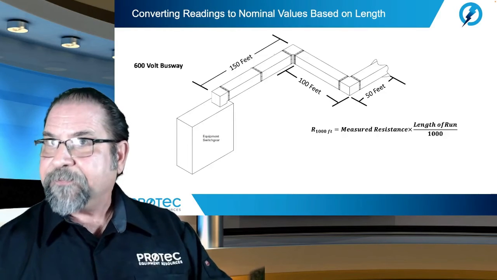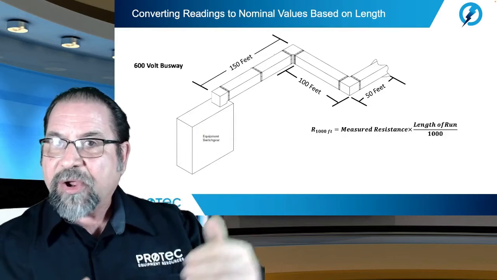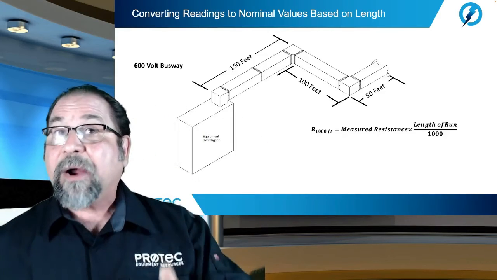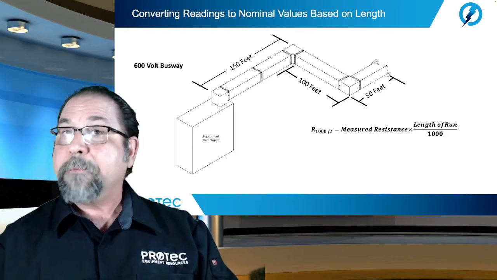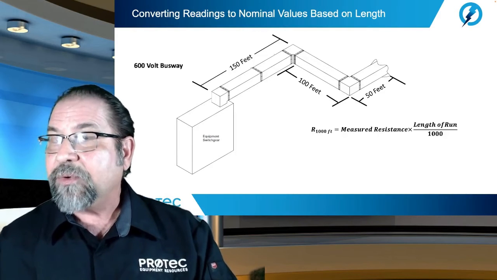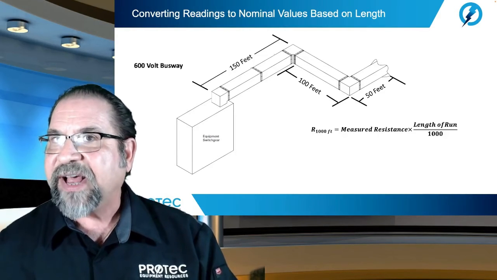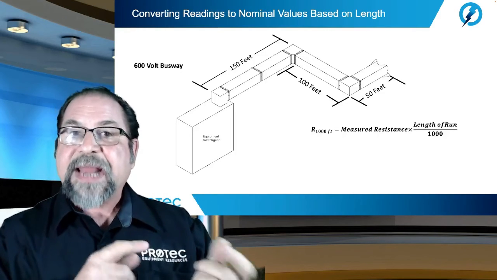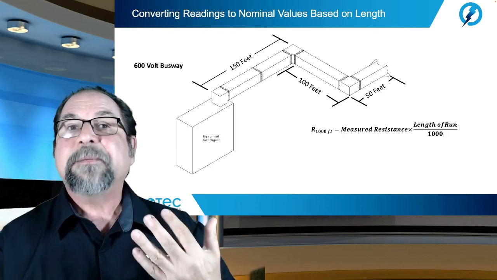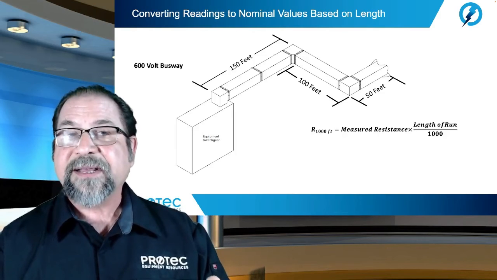Now remember, as length gets longer, we're adding parallel resistances. Therefore, we need to correct our measured megohm value, or measured insulation resistance value, to a nominal length. Now, in the NETA table, it is based on 1,000 foot lengths.